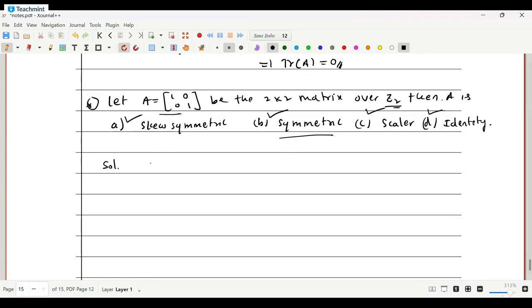Simple, this is symmetric since A transpose equal to A, so therefore A is symmetric. Right, sir? And what about A transpose? A transpose equal to [[1, 0], [0, 1]], which is also equal to [[-1, 0], [0, -1]]. Yes, why? Because 1 is congruent to minus 1 with respect to modulo 2, sir.